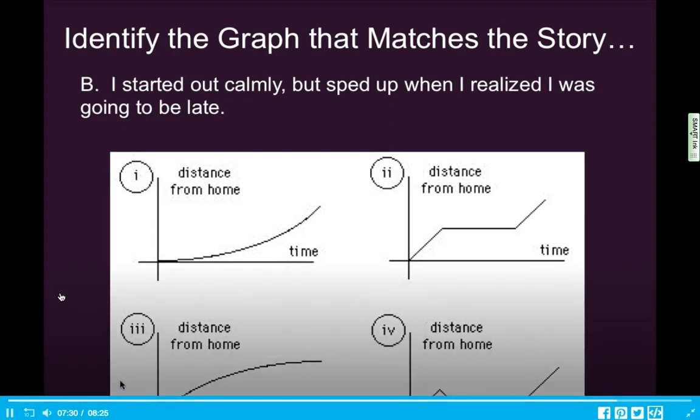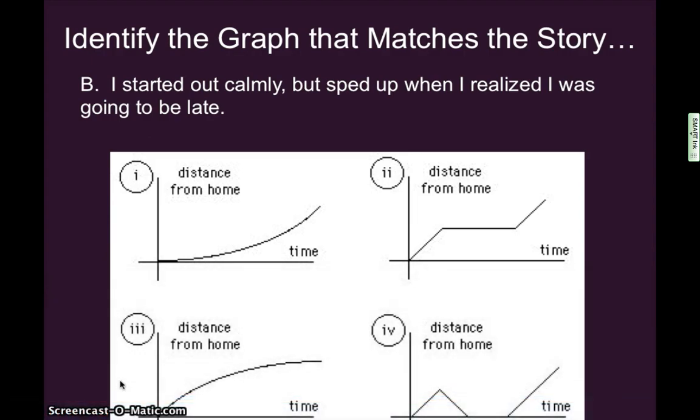B, I started out calmly but sped up when I realized I was going to be late. So you're starting out calmly, meaning you're probably walking pretty slow. So if you're looking for a graph that you're going a little bit slow, and then you start to speed up, so the graph, the line will increase as time progresses.